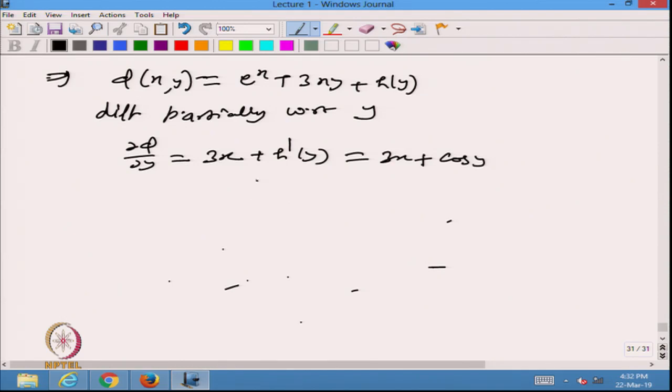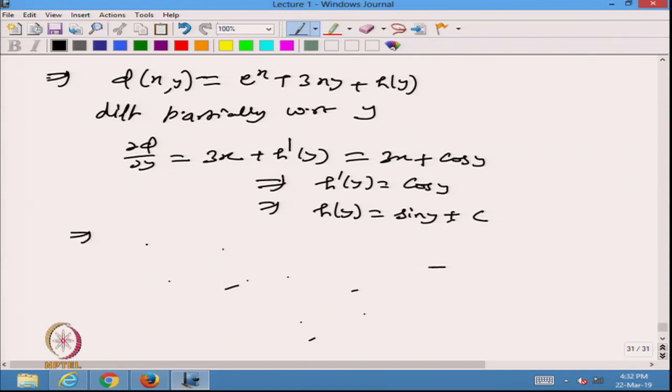So, from here I can compare and I will get h dash y is equal to cos y. So, from here I can get h(y) is equal to sin y plus some constant of integration. Okay.